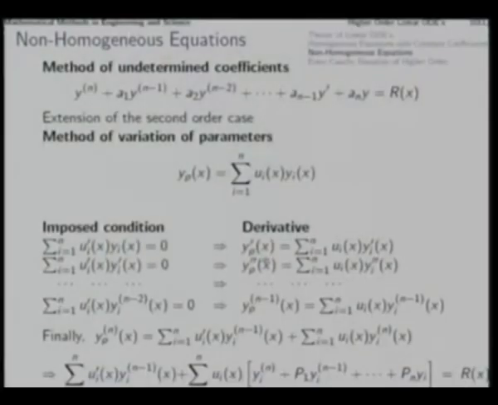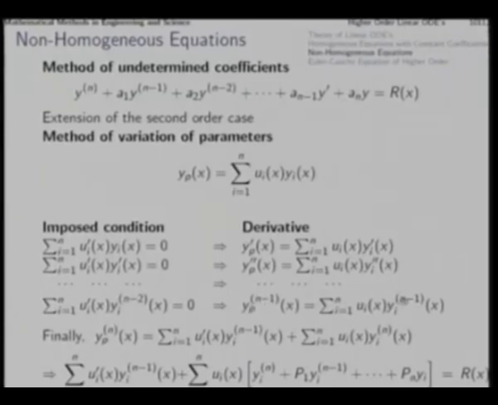Similarly, we go on differentiating the derivatives further. At every step, we go on imposing these conditions till the n minus 1th derivative gets involved here, and the corresponding n minus 1th derivative we get here.